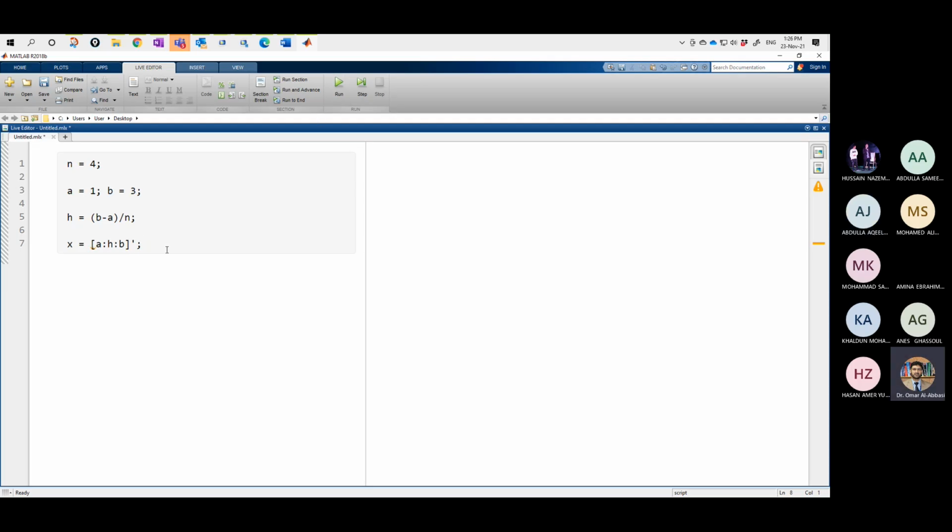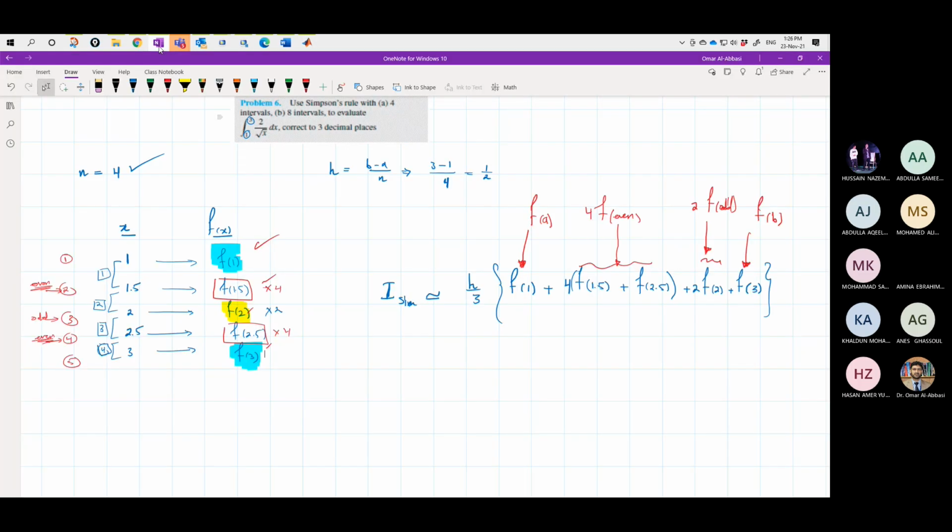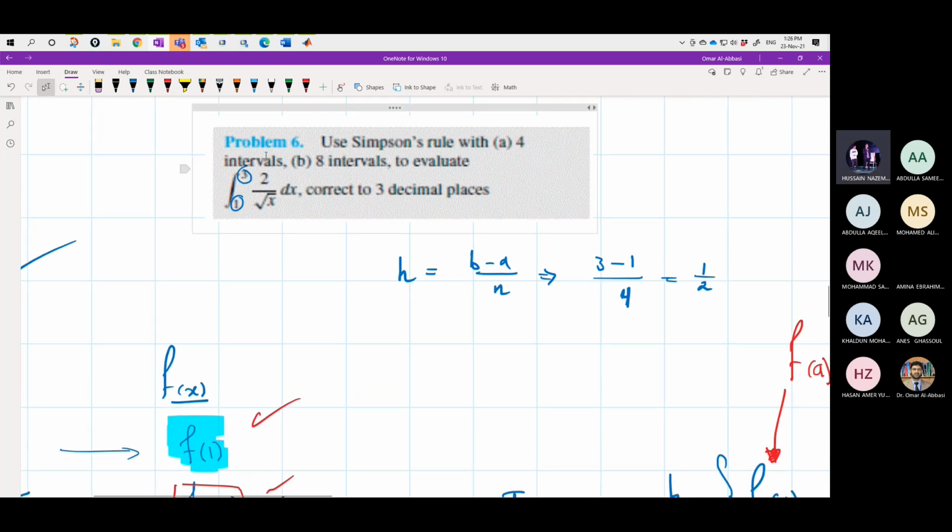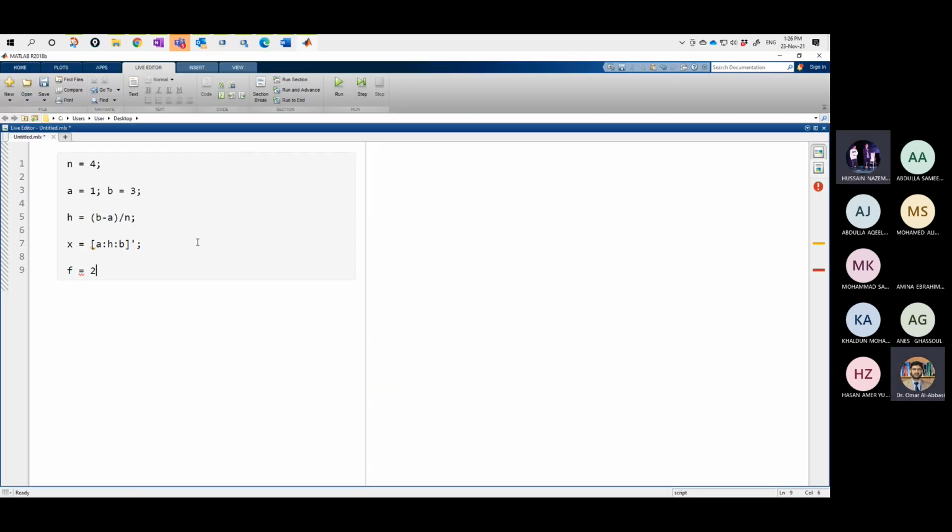Okay, what about F? This time it's a vector, right? What was the function again that we want to integrate? 2 over square root of X. We don't put the integration yet, doctor.